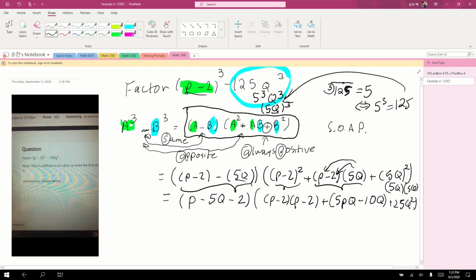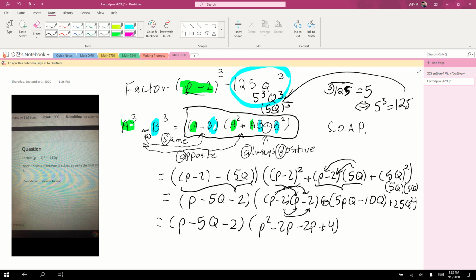Now, this is why I said to be careful about the parentheses here, because if I need to simplify this further, I'll need to distribute here with the (p minus 2) times (p minus 2). So I'm left with p minus 5q minus 2, and then we have p squared minus 2p minus 2p plus 4, and then this is a plus sign here, so I don't need to worry about an issue of distributing here.